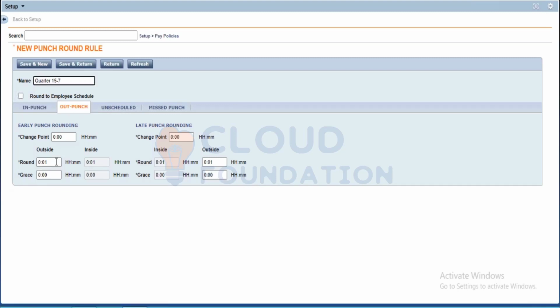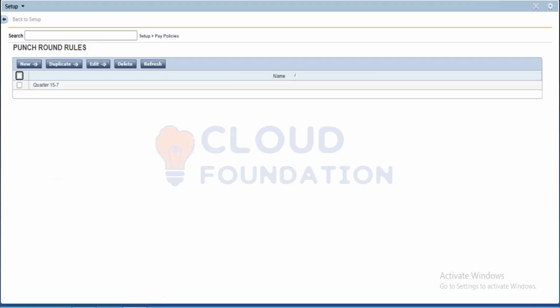I'll set up the out punch as well and finish this. I'll set this to 15 and this to 14. Similarly, my out is going to be 15 and my in is going to be 14, and I'll save and return.